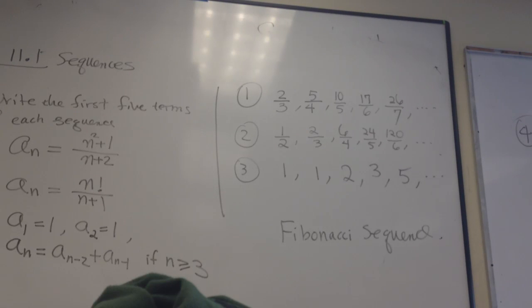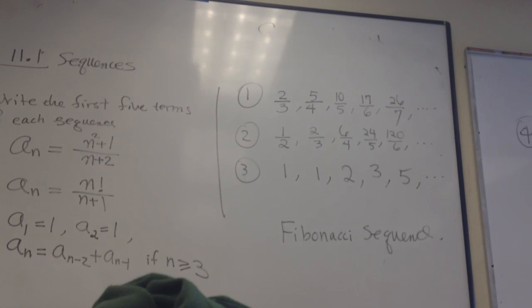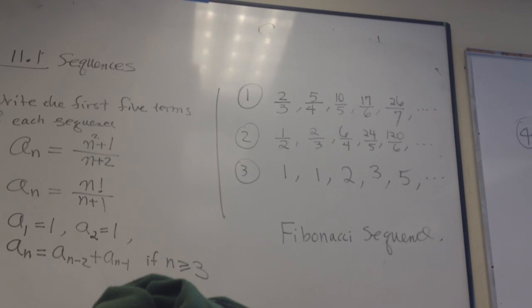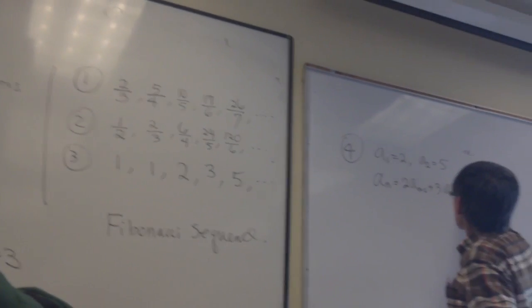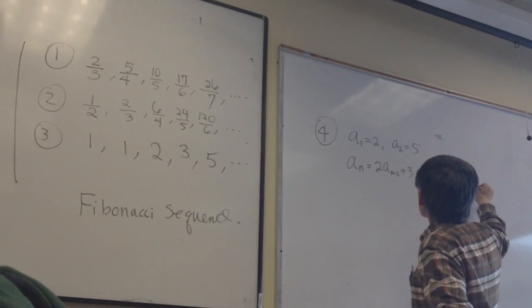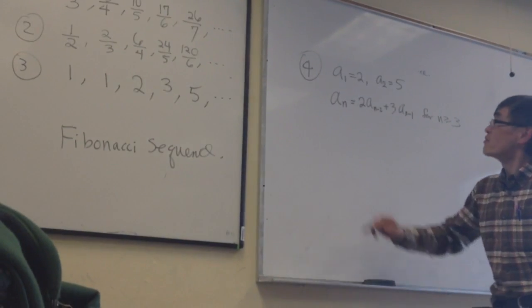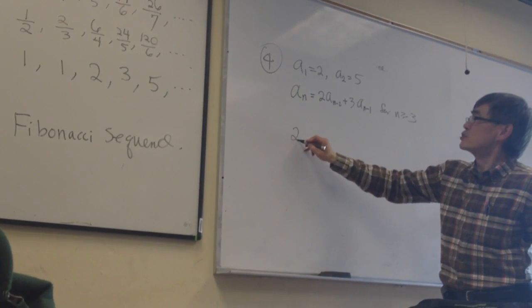If then I ask you to do number 4, a1 is equal to 2, a2 is equal to 5, and an is equal to 2a(n-2) plus 3a(n-1) for n greater than or equal to 3. What would you say? The first term is 2.